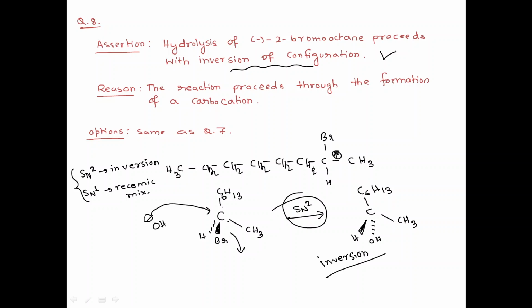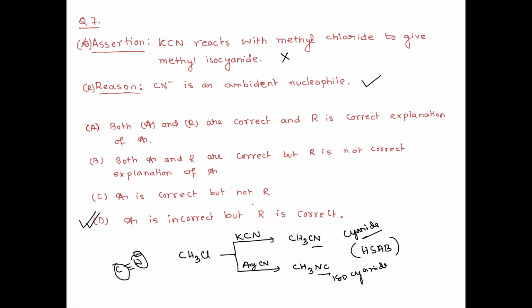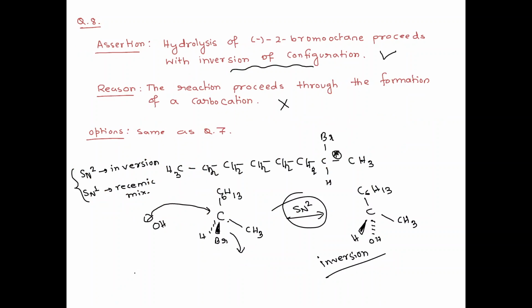If there is carbocation formation, then inversion of configuration doesn't happen; a racemic mixture forms. So the reason is not correct. The assertion is correct but the reason R is not, so option C is the correct option. Okay, so thank you for watching.